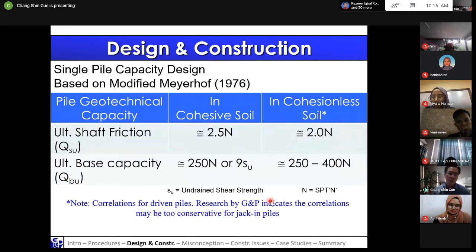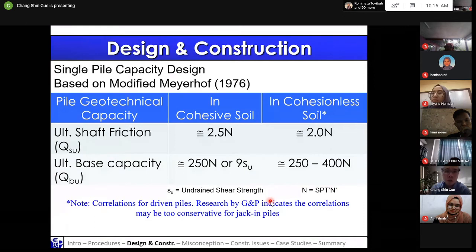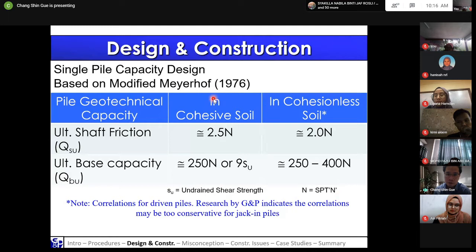So you then ask, of course, what kind of factors do you need to use for your design. So typically, for single pile capacity, we use the following correlation. This is just to give you an idea on what kind of numbers or what kind of correlation to start off. It does not mean that this number is fixed, but it's from where you can actually start off.